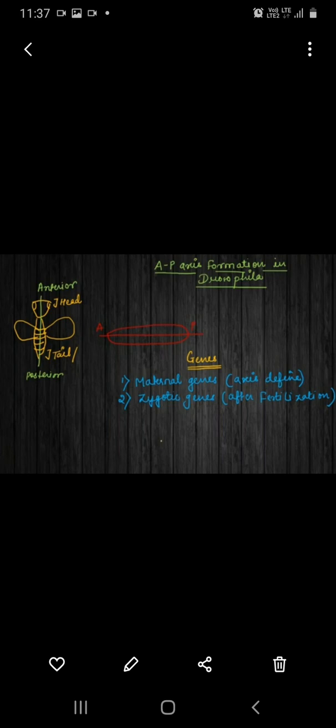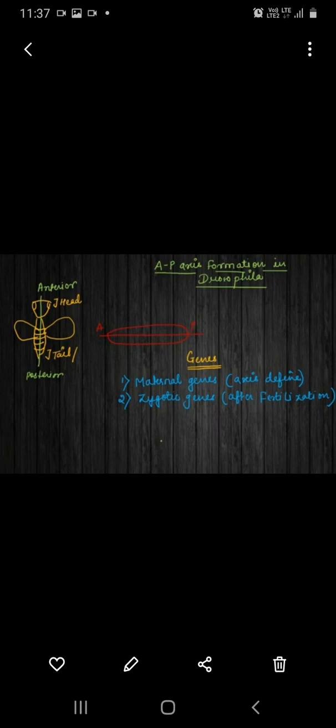So we have the anterior posterior axis, we have proximal distal axis, and we have dorsal and ventral axis. These axes you have studied when I was discussing about the limb development in tetrapod.